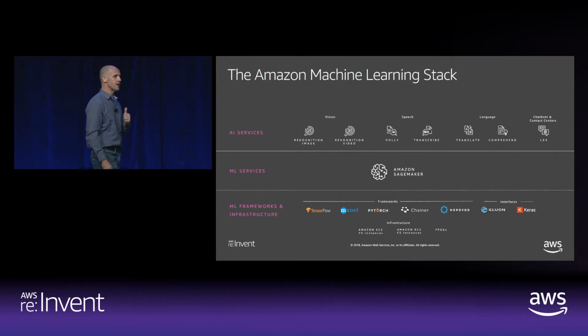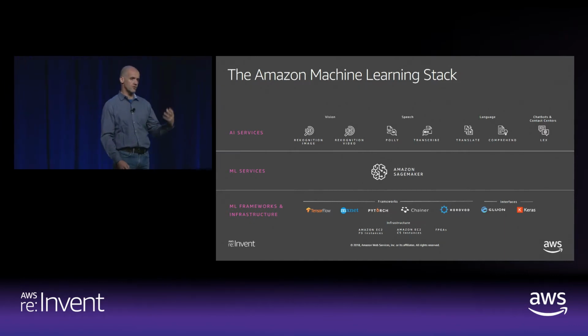Now, the interesting thing about this level of the stack is that developers don't need to understand machine learning. They don't need to be experts. We at AWS have built a complete service, a complete solution for very common needs.